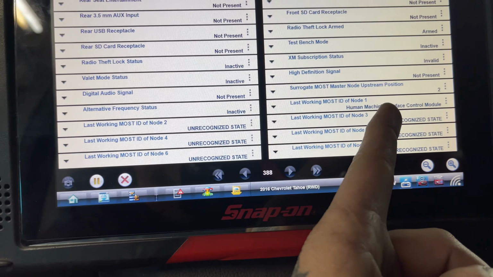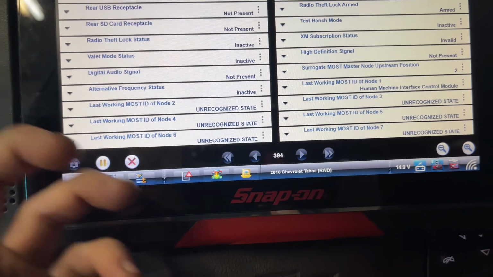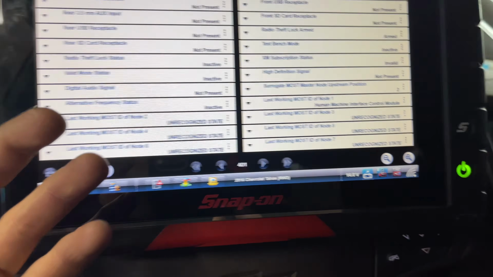It is saying it's in position 2, which is the HMI, which is kind of a clue that I should have picked up on, but I didn't, so I went around in a circle for the rest of this. But I think there's some good info in here, so just keep watching. It can talk to the HMI. Anything after the HMI, it can't see.